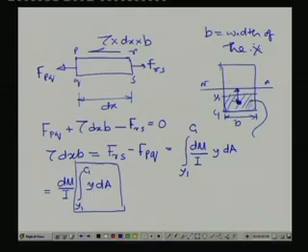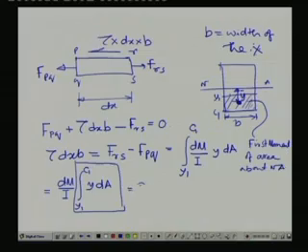If we multiply this by y bar, then this is the first moment of area about the neutral axis.